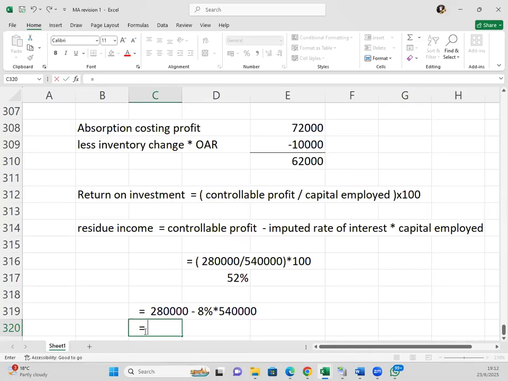So can you quickly simplify that for me? First, you say 8% of 540, then you subtract that from 280. What do you get? $236,800.